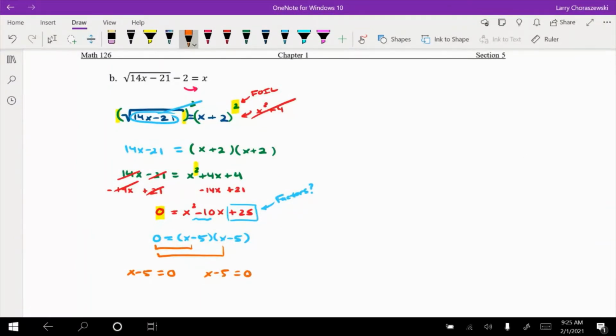This is called the zero product property, or ZPP for short. And solving for x, we get duplicate answers of x equals 5. Any questions so far?